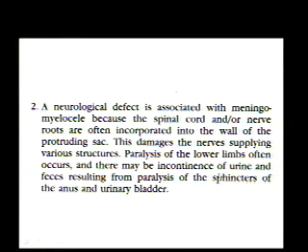Remember S2, 3, 4 for the autonomic control of the urinary bladder, and for the rectum and anus. So there's paralysis of the sphincters of the anus and the urinary bladder.